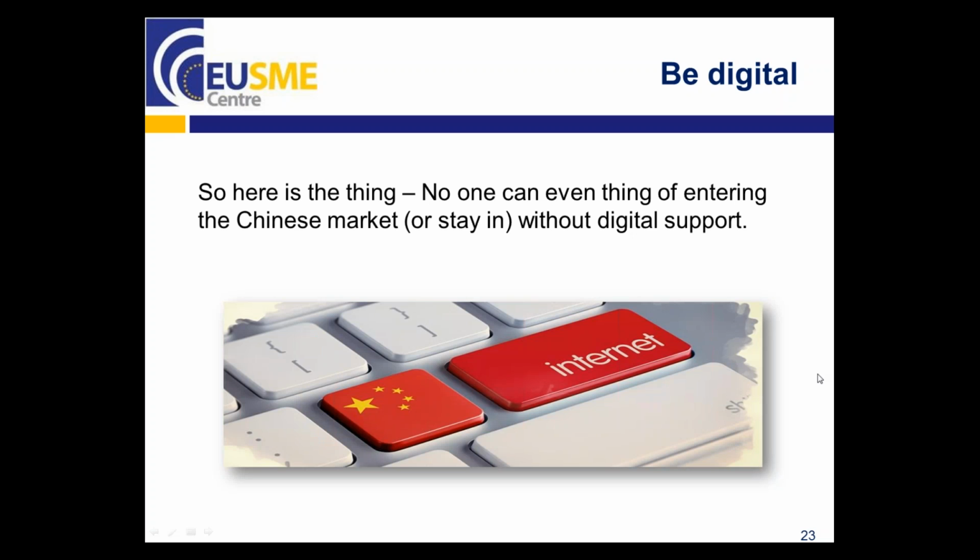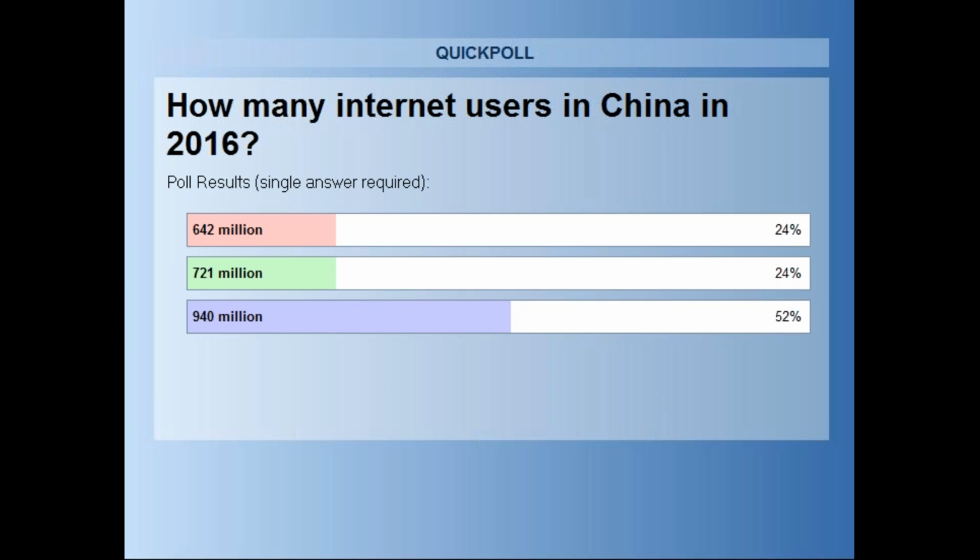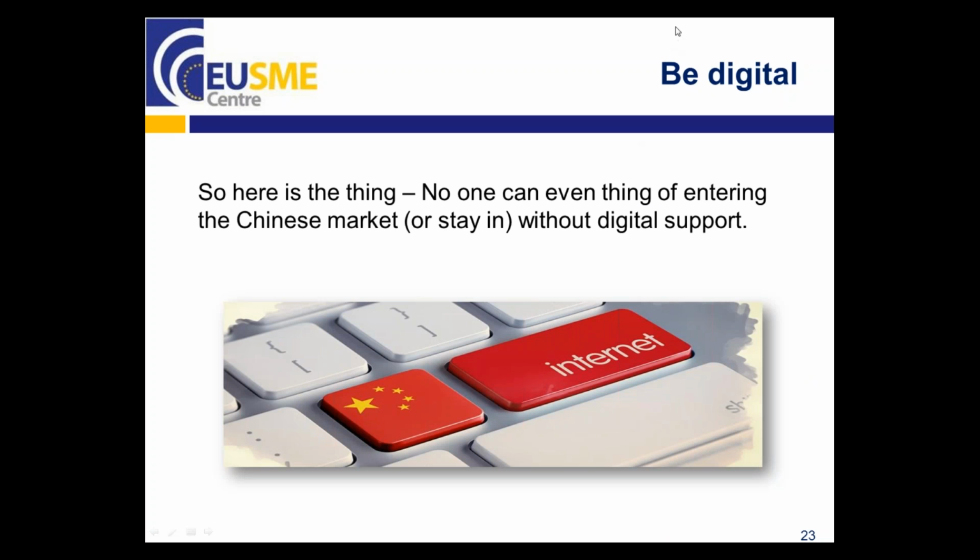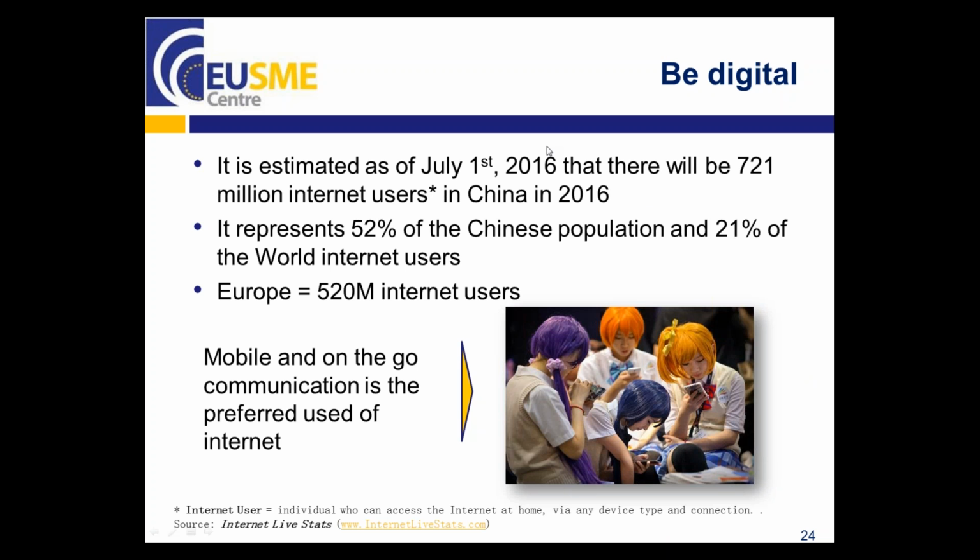Okay, so most of you said that you think the internet in China has 940 million users, where actually the real figure is 721 million. It is an estimation that we have as of July 2016, and it represents 52% of the Chinese population and 21% of the world's internet users.